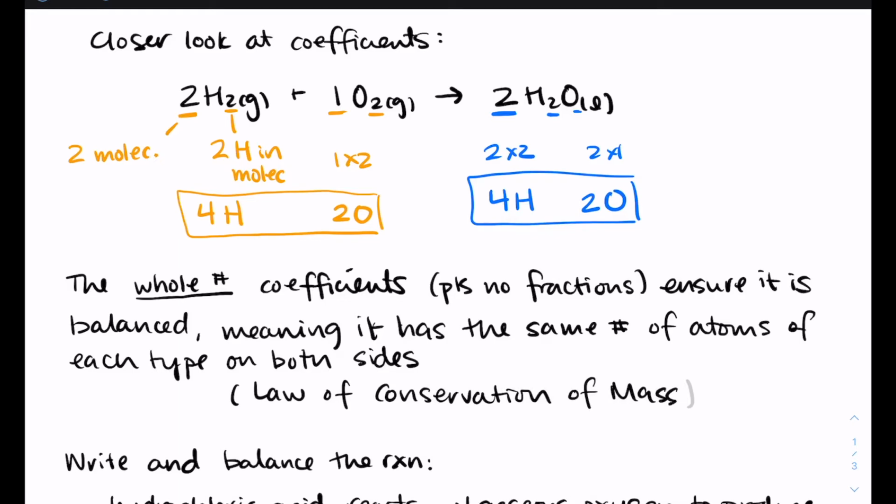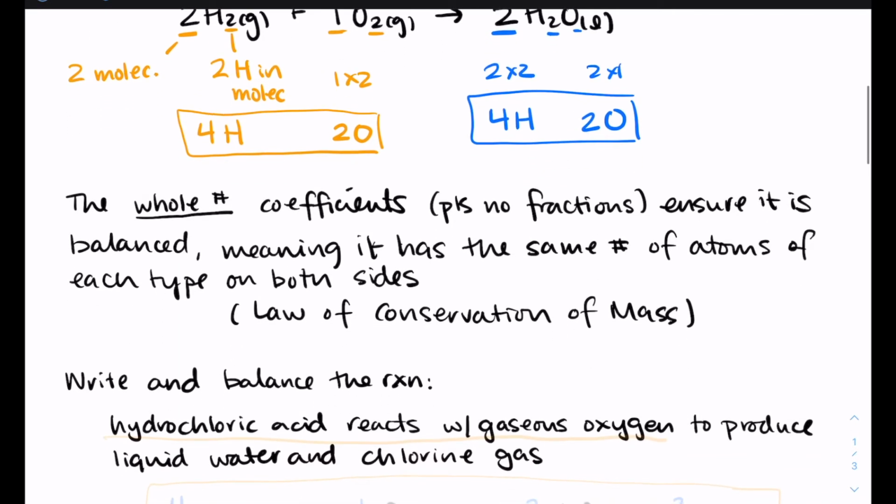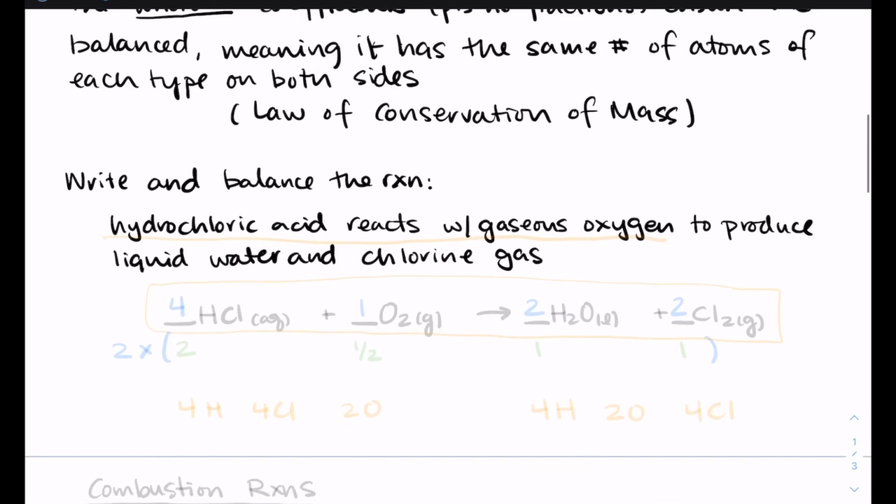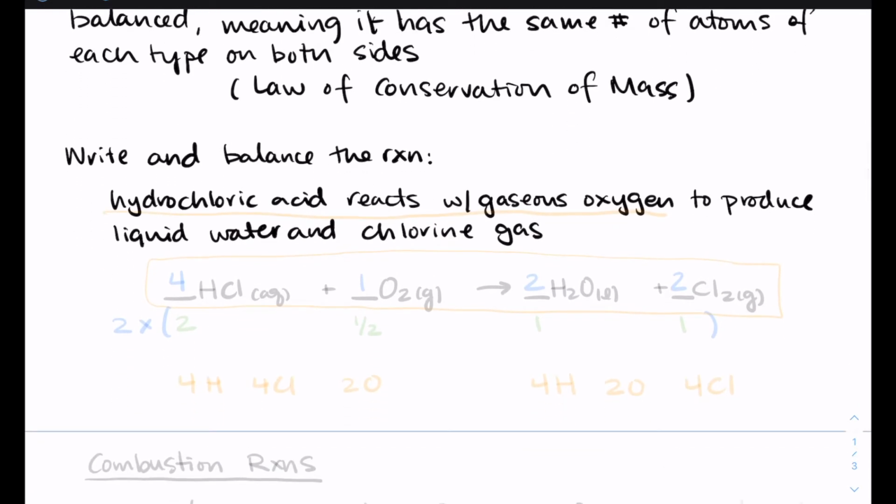All right, of course, some examples, and combined with naming for these examples, we are going to write and balance the reaction where hydrochloric acid reacts with gaseous oxygen to produce liquid water and chlorine gas. A great first step here is just figuring out what each of these things means.